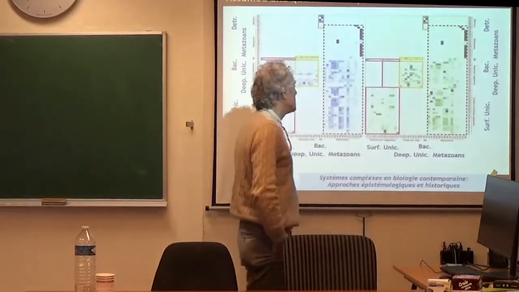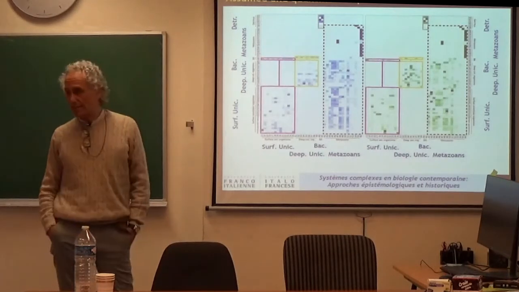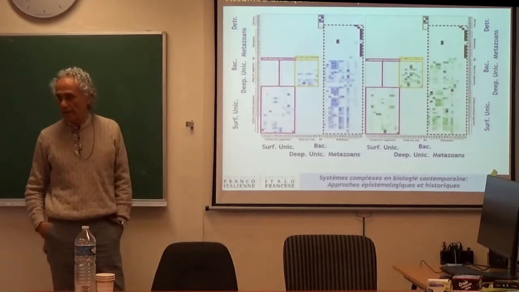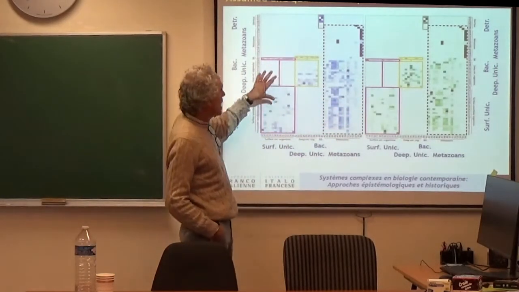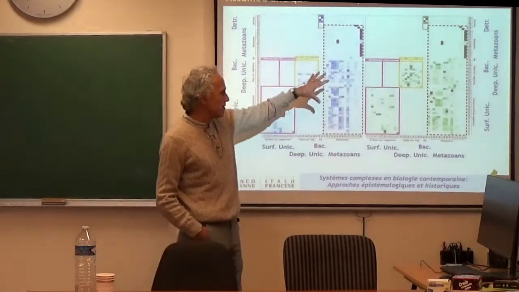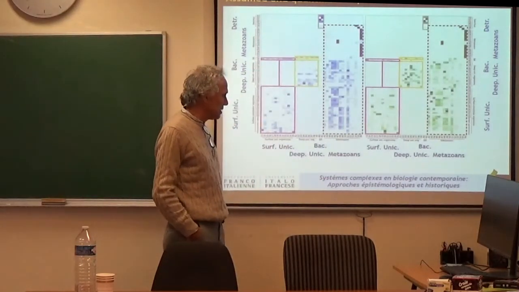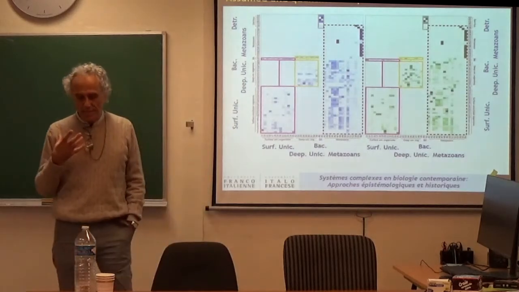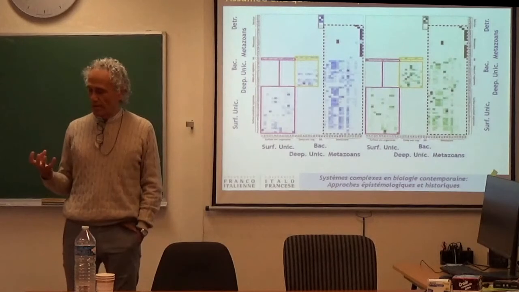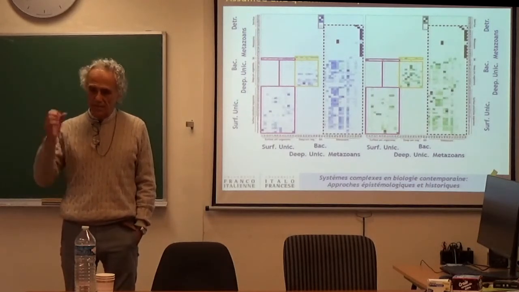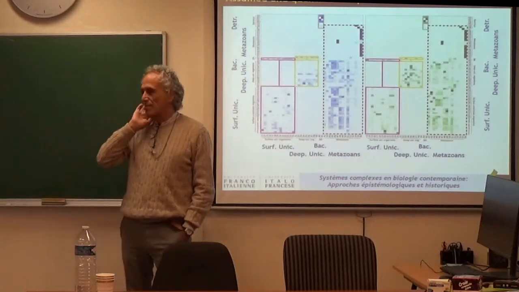And then to go more in depth in this, we tried to weight the network, to produce a weighted network. And to do this, we found out the different trophic links among the different groups, metazoans, unicellular in the surface and in the intermediate layer, and to be sure that this was reliable and robust, we used a model called EcoPath, that is regularly used in fishery, which is a mass balance model.